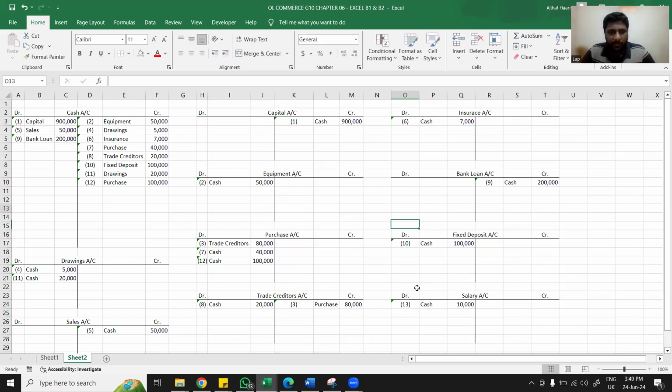Salary debit, cash credit. If you are done, post a letter D in the chat box, people.